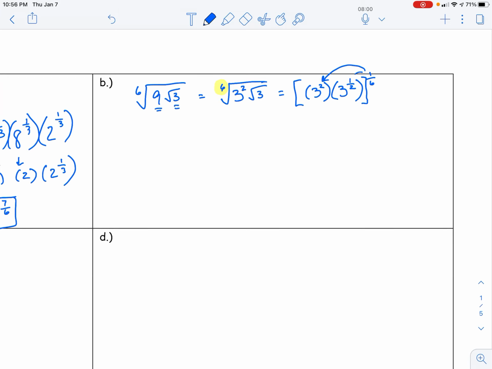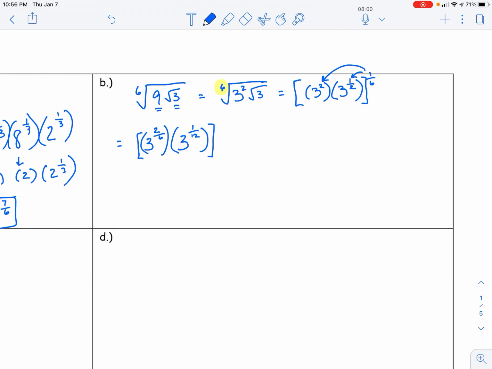Okay, now we do our multiplication of exponents. So I'm going to come over here now. I'm going to end up with 3 and 2/6, which is the same as 1/3, but I'm going to leave it as 2/6. I'm not going to reduce it here yet. That's inside there, and then 3 and 1/12.